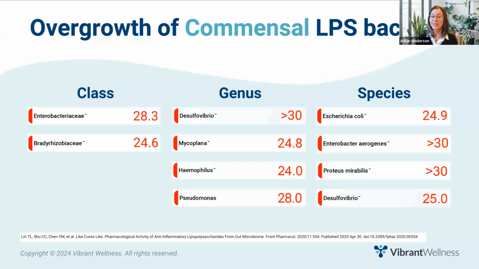Vibrant's GI-MAP Zoomer includes the class Enterobacteriaceae and Bradyrhizobiaceae, the genus Desulfovibrio, Pseudomonas, Mycoplana, and Haemophilus, and the species E. coli, Enterobacter aerogenes, Proteus mirabilis, and Desulfovibrio piger. And fun fact, on average, 14% of the total inflammatory LPS produced in the gut comes from E. coli.